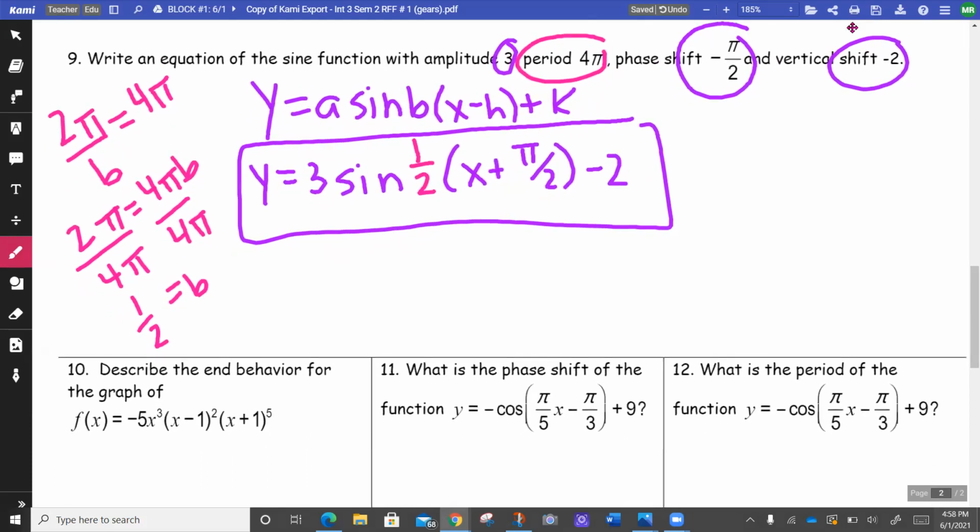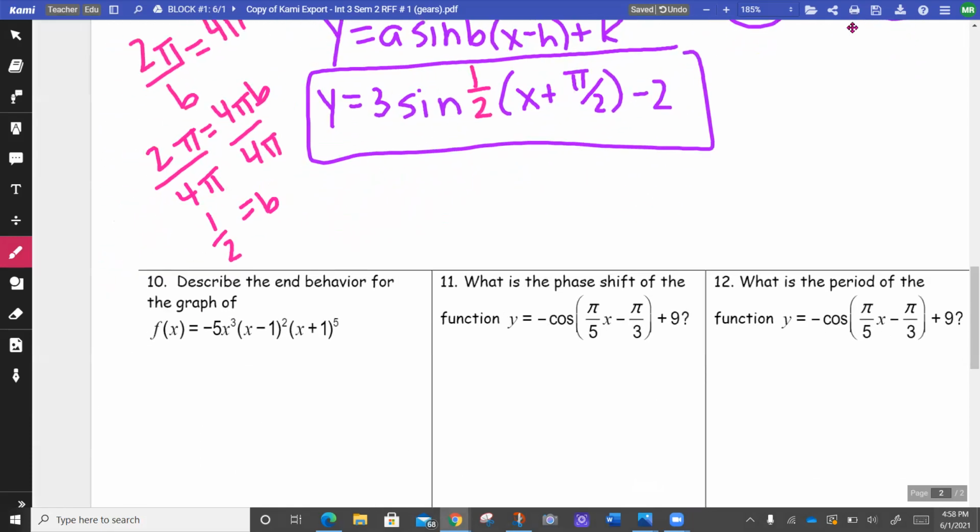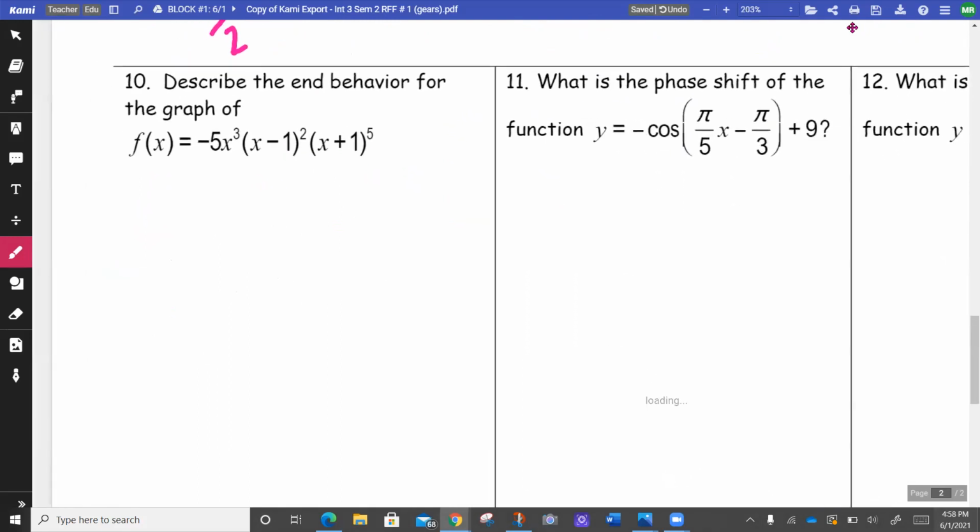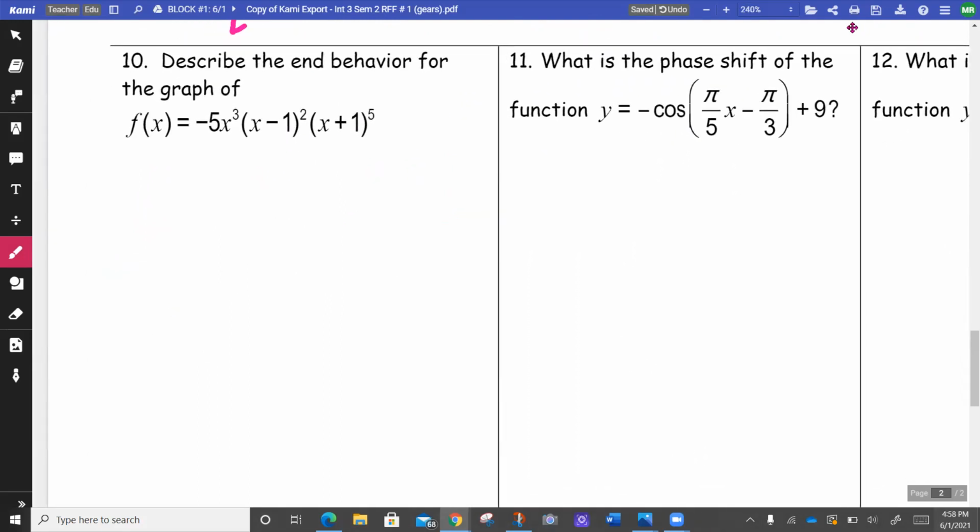On number 10, it asks us for the end behavior. So, even degrees. A positive even degree should be like a parabola. It should be starting and stopping above. A negative even is going to be like an upside down parabola.